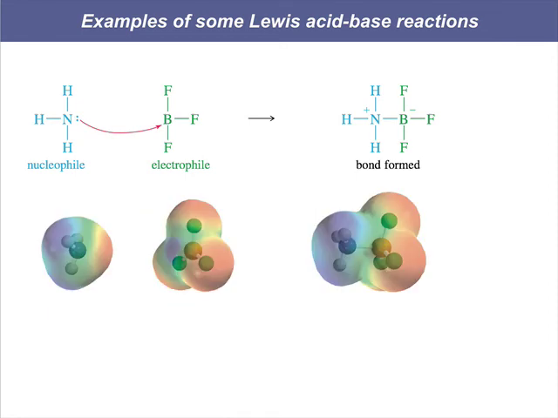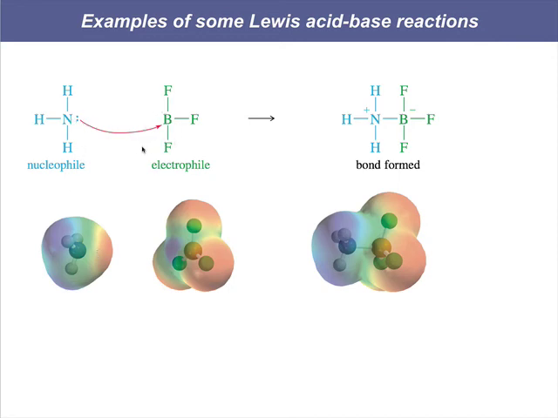You can see the corresponding electron density if we look at these electron potential maps. On NH3, most of the electron density lies at the nitrogen. This is something you've seen before. I know that we've gone over NH3 when we looked at dipoles and polarity and saw that most of the electron density is on the nitrogen at the site of the lone pair.